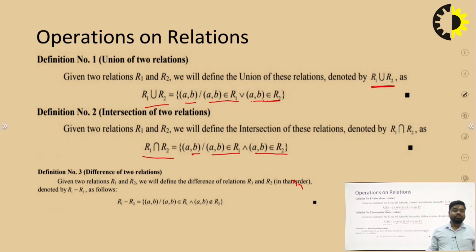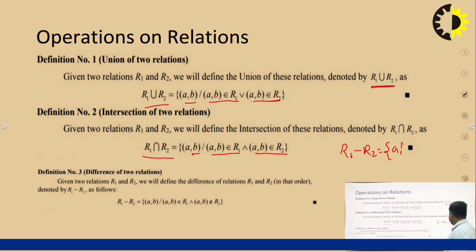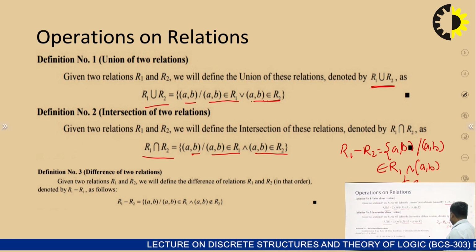And the definition of difference: we define the difference of R1 and R2 as R1 minus R2, which is (a, b) such that (a, b) is related to R1 and (a, b) does not belong to R2.